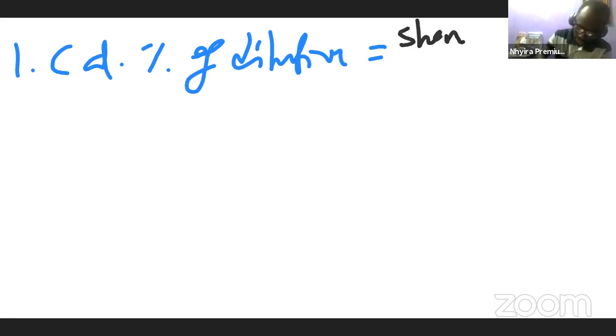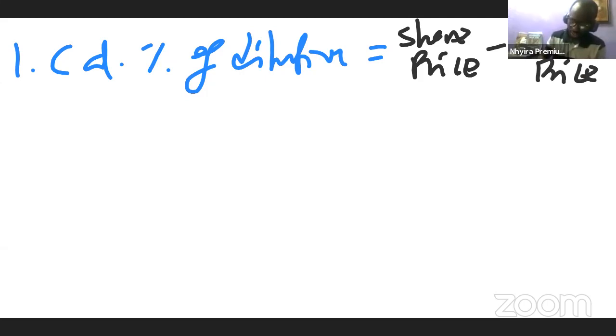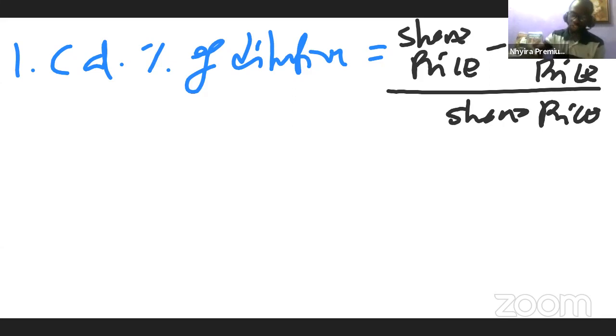The exercise price is the price at which they are going to be buying the shares. Now my space is exhausted. It should be times 100, because at the end of the day, it has to be in percentages.